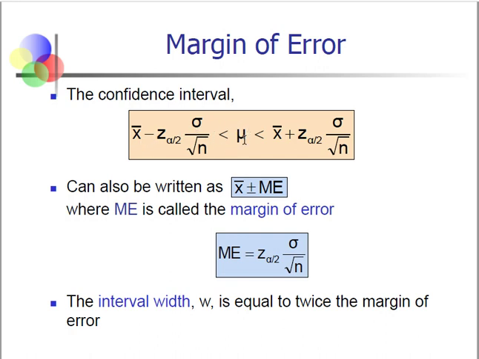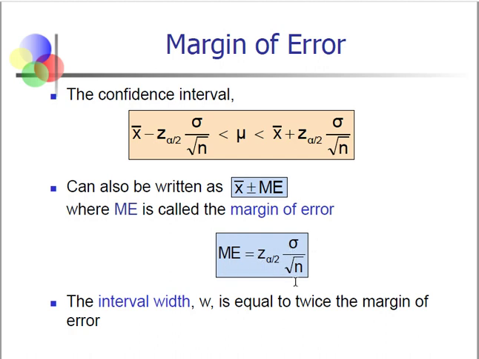Now we can generalize the formula that we've been given. We have the point estimate. We can generalize the formula of a confidence interval, which can be written as the point estimate plus or minus margin of error. Margin of error is also known as sampling error.